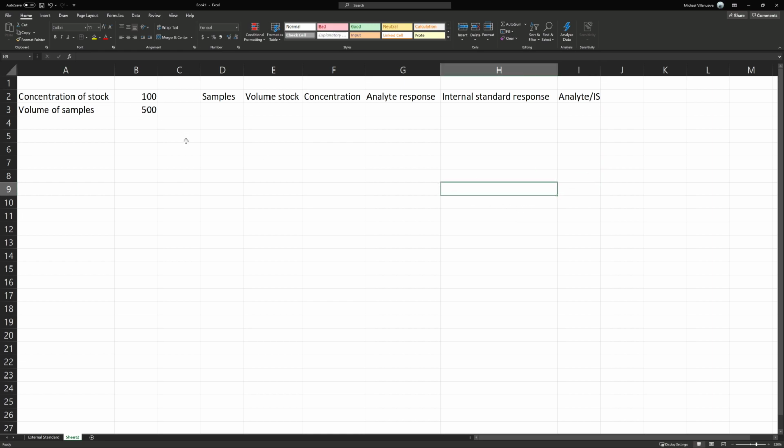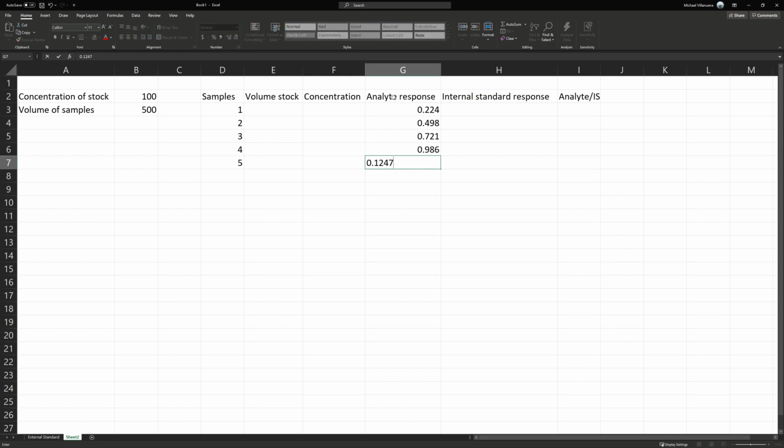So let's start putting in numbers. So this would be sample 1, 2, 3, 4, and 5. Let's say that we have analyte responses of 0.224, 0.498, 0.721, 0.986, 0.1247.